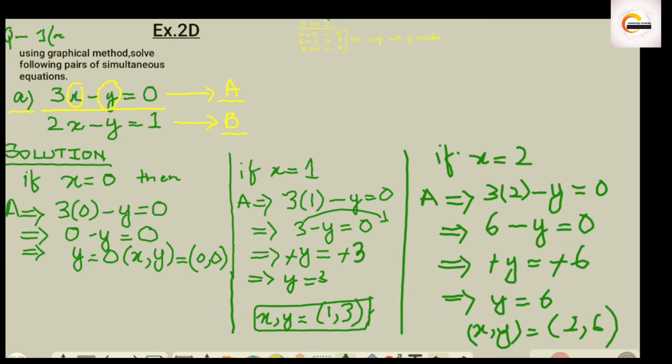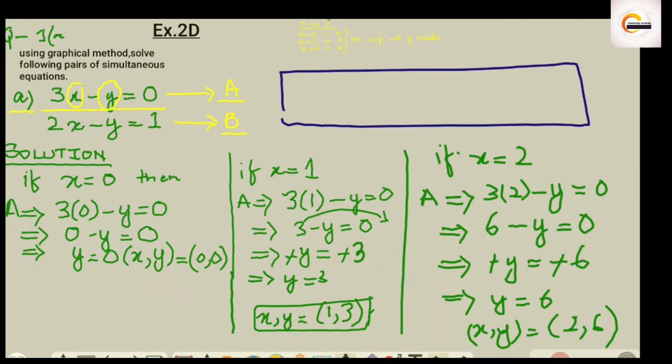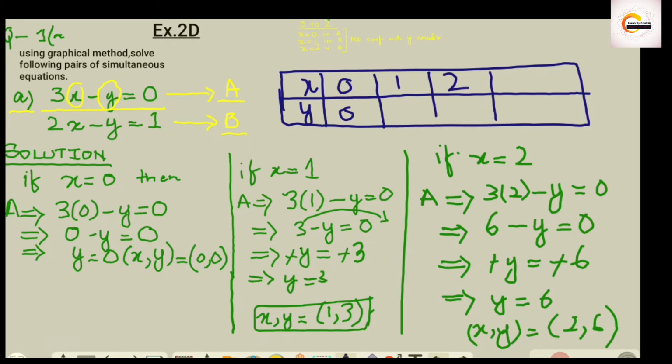Now I'm going to make a table of these 3 coordinates: x is 0, 1, 2 and y is 0, 3, and 6. This table has all 3 coordinates which lie on our equation A.